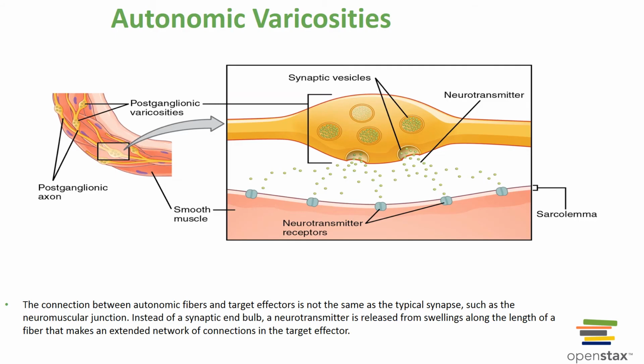And here you can see the connection between the autonomic fibers and target effectors is different than the typical synapse, as you examined with the neuromuscular junction. The neurotransmitter is released from swellings along the side of the fiber.